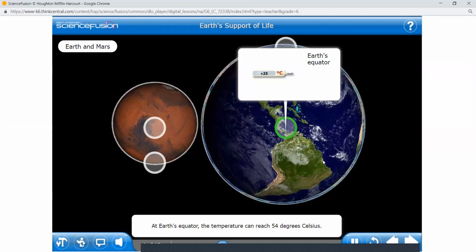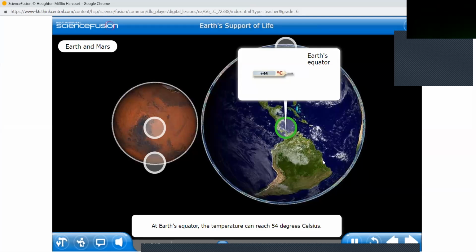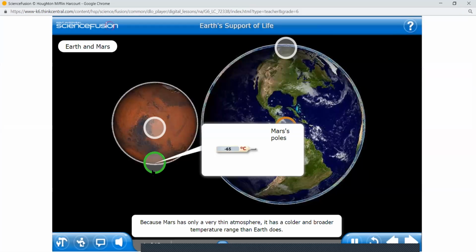At Earth's equator, the temperature can reach 54 degrees Celsius. Because Mars has only a very thin atmosphere, it has a colder and broader temperature range than Earth does. At its poles, the temperature on Mars can be negative 153 degrees Celsius. The environment on Mars is so harsh, it's not likely that it could support life.